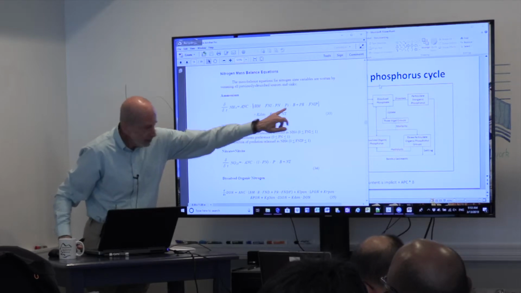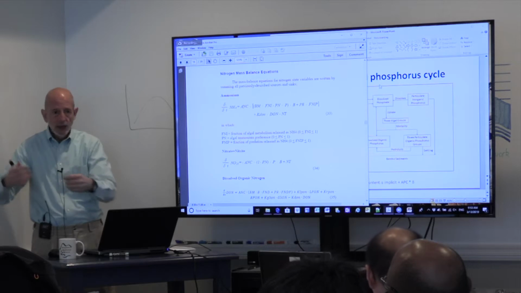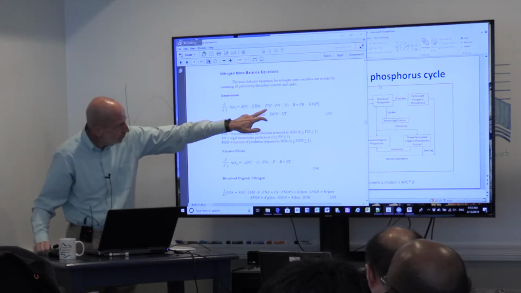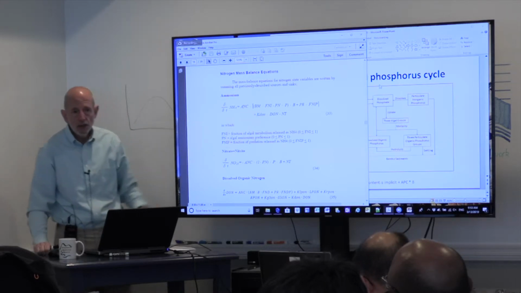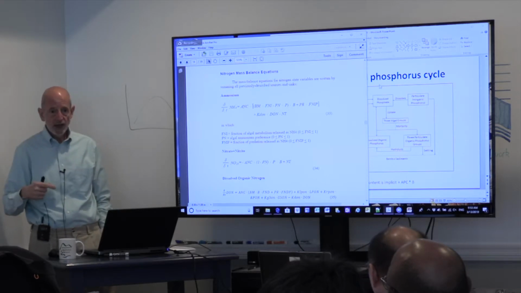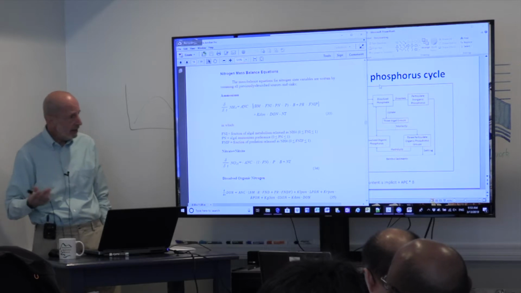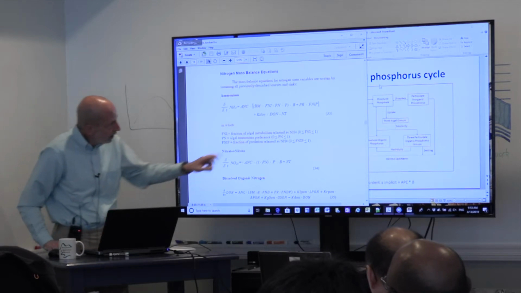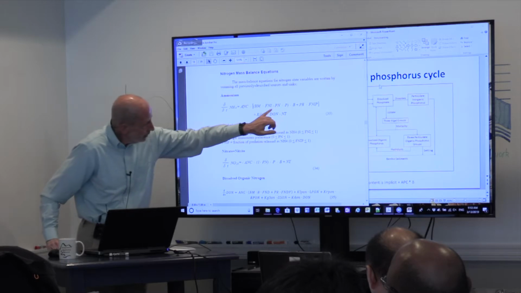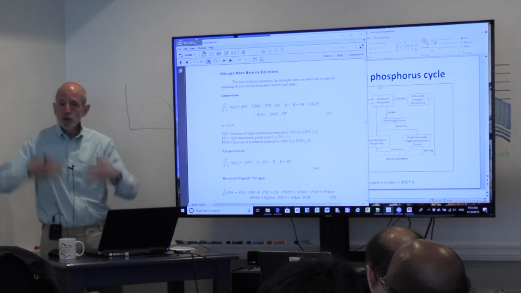BM times B is how much carbon goes into metabolism. And then we have something you're going to specify, FNI, which is of that, how much goes to ammonium. How much metabolism goes to inorganic nitrogen, ammonium. And that's a model parameter. So that's a plus. Ammonium goes up, metabolism creates ammonium.